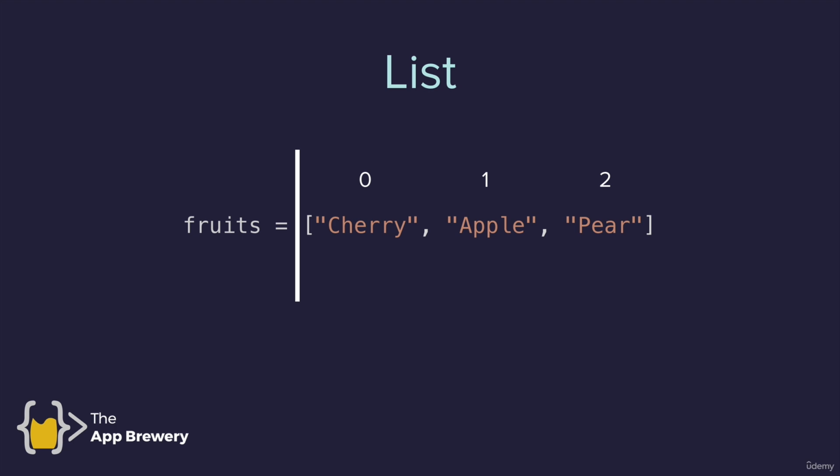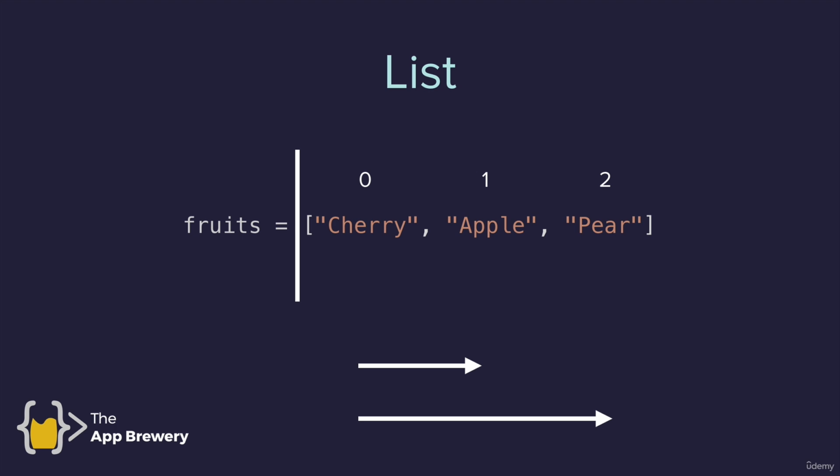In this case, cherry is right at the beginning of the list, so it has an offset of 0. But apple is shifted from the beginning by 1, pear is shifted from the beginning by 2, and so on and so forth. Then it makes more sense that the first item in the list is at the beginning of the list, so it has no offset, so it's 0.